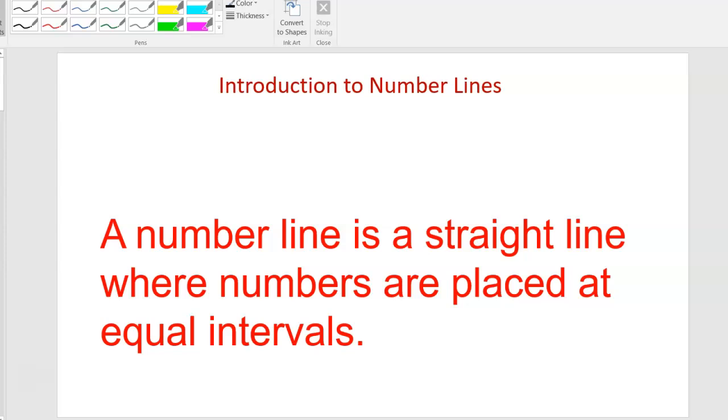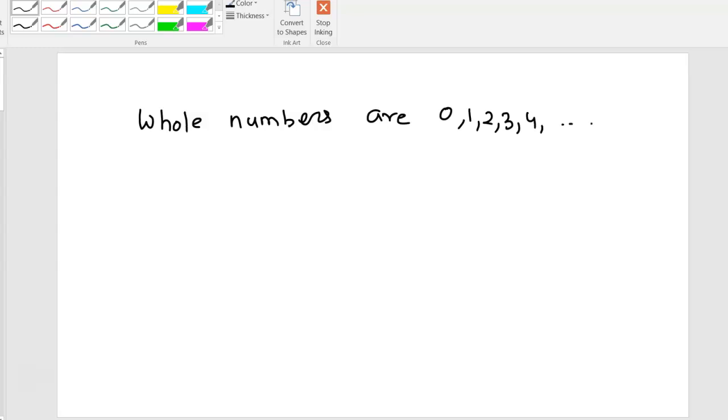So we will first start with whole numbers. What are whole numbers? Whole numbers are 0, 1, 2, 3, 4, and so on. So let's see it on a number line. Suppose you start with 0 and mark it, and then you write 1.